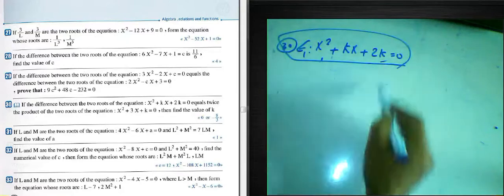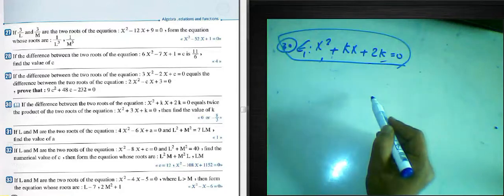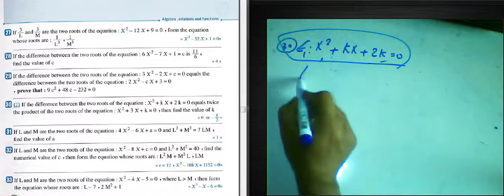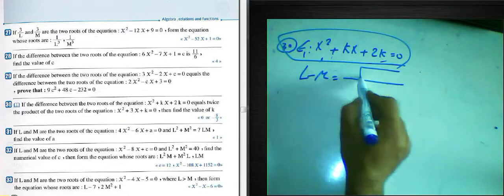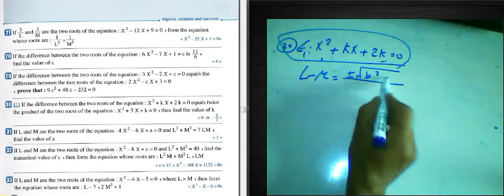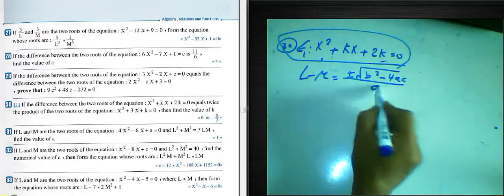Question 30, reading again. If the difference between two roots equals twice the product of the roots of the equation. Okay, first we will write L subtract M for this equation: positive or negative square root of b power 2 subtract 4ac, over a.